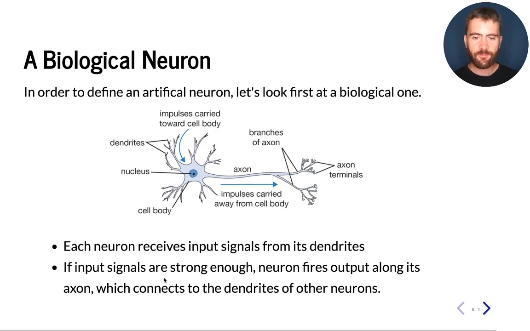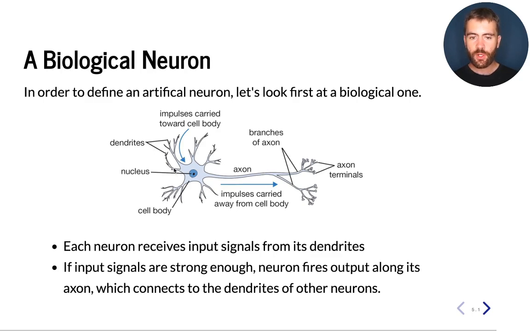In this slide, I have a figure which shows at a high level the different parts that make up a neuron, which is the basic cell that comprises the brain. At a high level, you can think of the neuron as having a few key elements. In the middle of the neuron, there's the nucleus, and this central core part of the neuron receives inputs via what are called dendrites.